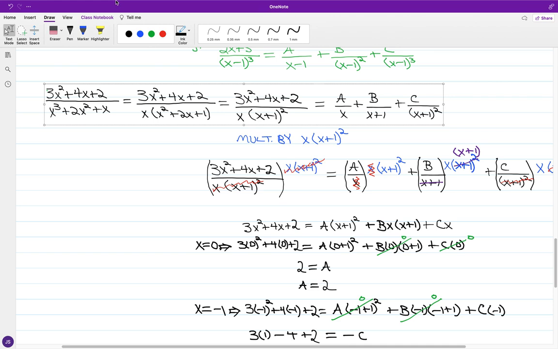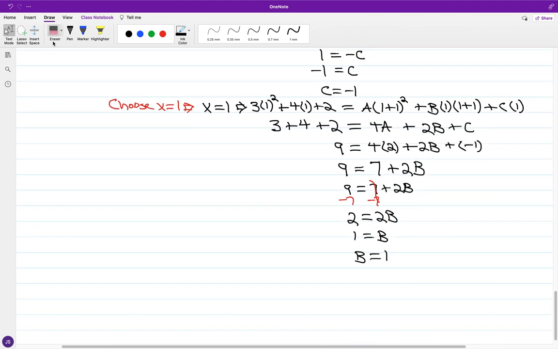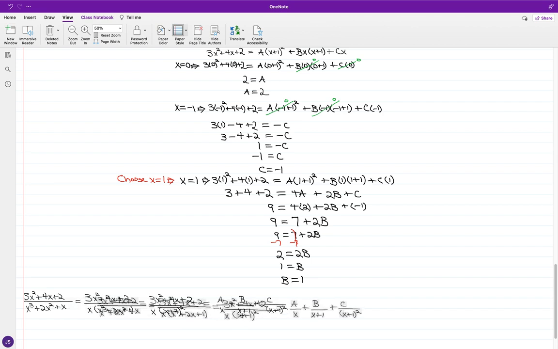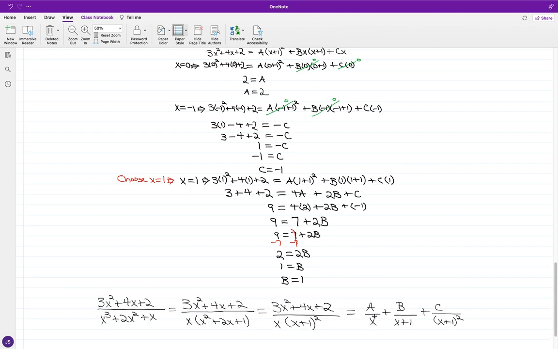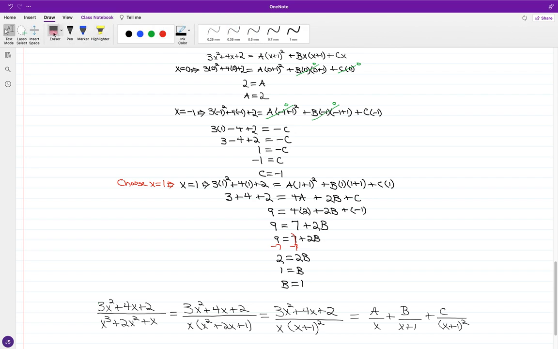And for what we have in the case of the spread here, a is at 2, and b is at 1, and for c over the square of x plus 1, c we have at negative 1, and so I just write this in terms of subtracting.